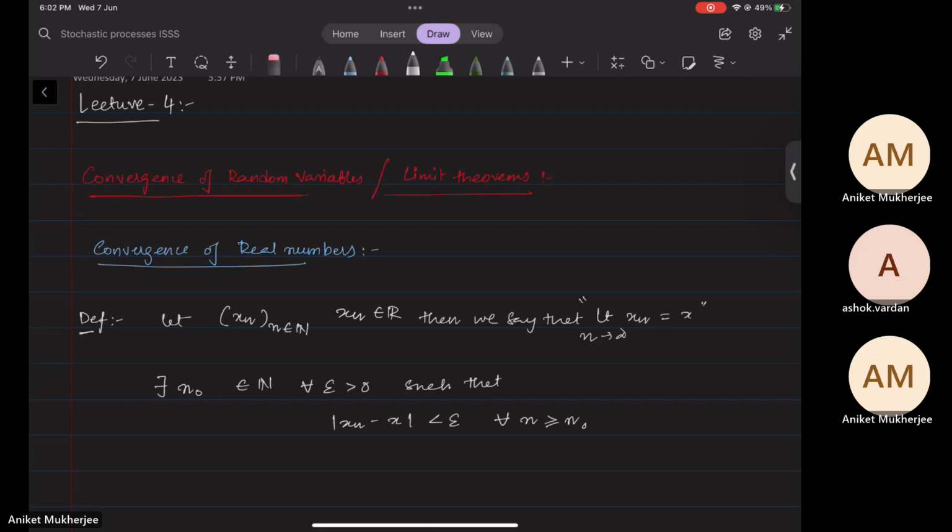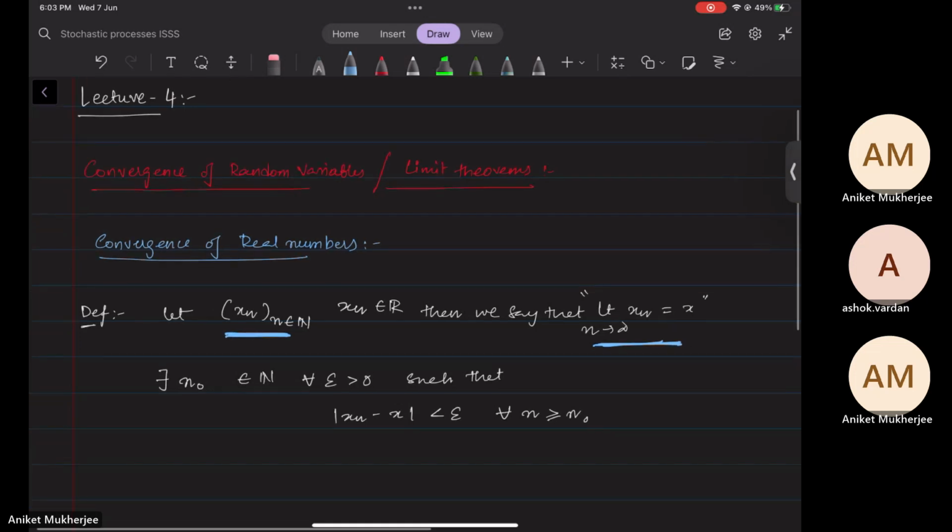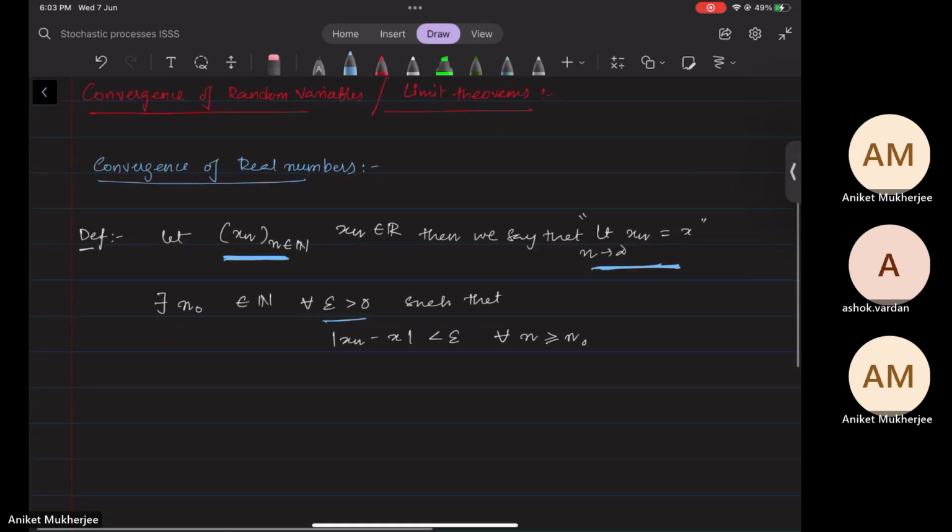Okay, so what does this mean? Suppose you have an infinite sequence of real numbers. Now you want to know where that infinite sequence converges to. You can check this convergence by checking if there exists a number after which the distance is small. So first you pick an epsilon which is greater than 0.